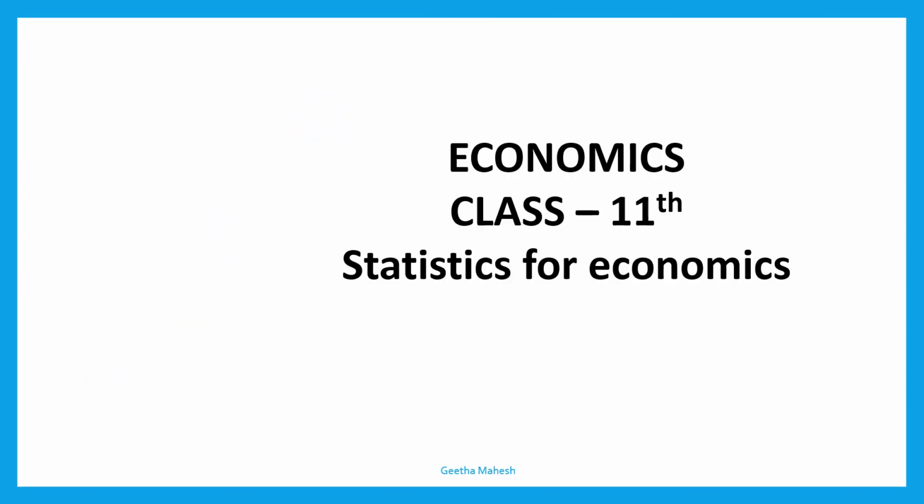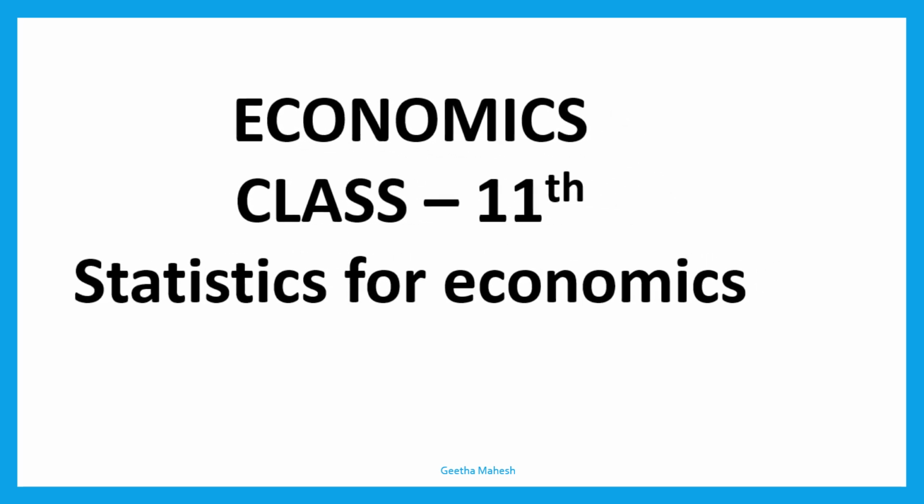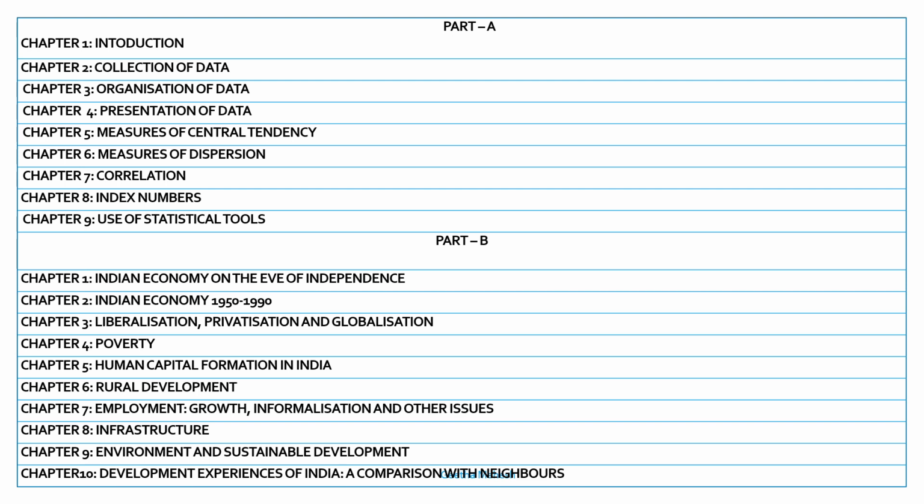Dear students, let us discuss Economics, Class 11, Statistics for Economics. In first PUC Economics, we have two parts. The first part, Part A, Statistics for Economics, which we are going to discuss. Part B, Indian Economic Development.